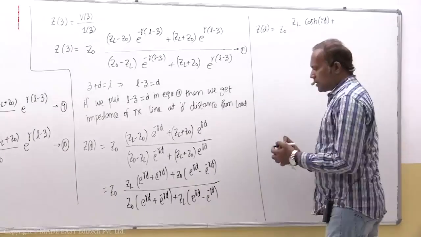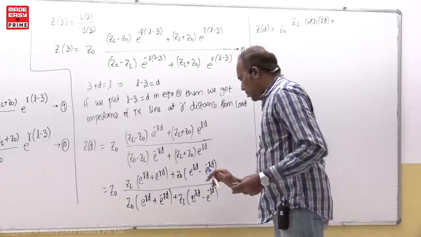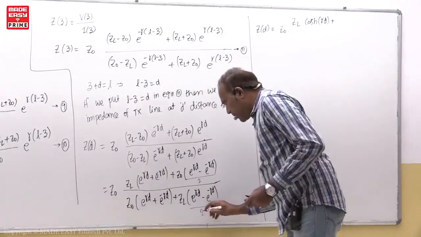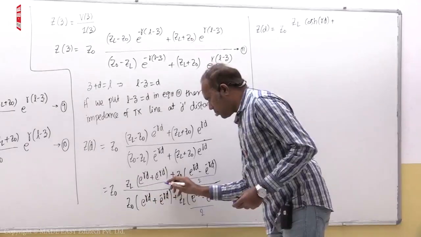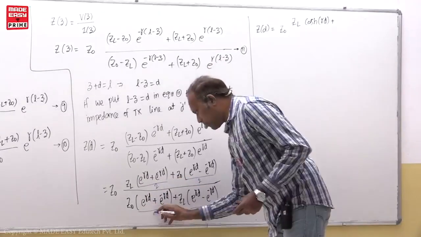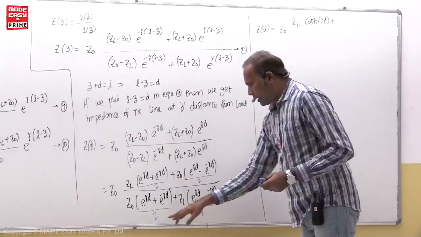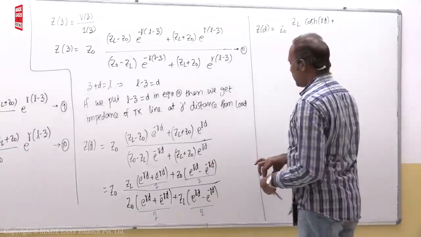Plus, any students' confusion, then you do one thing, put divided by 2. Now here divided by 2, here also divided by 2, nothing will happen to that equation.